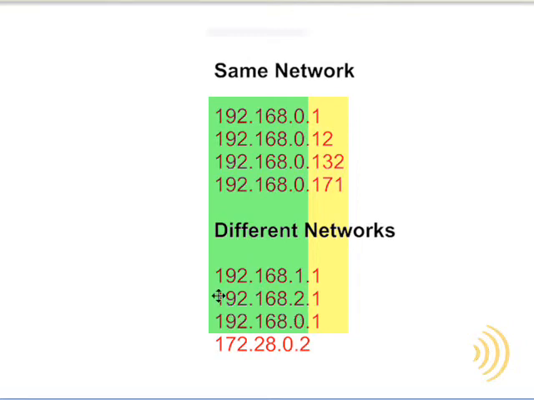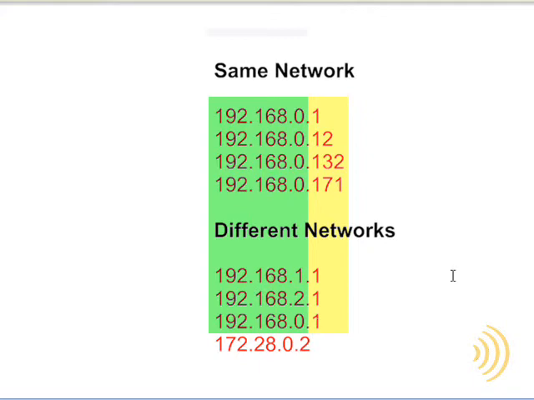These are actually three different networks. Same host name, different networks. If we were to change all these to all 1s or all 2s or all 0s, it would all be on the same network, but guess what? We'd have an IP address conflict because they'd all be using the same IP address.